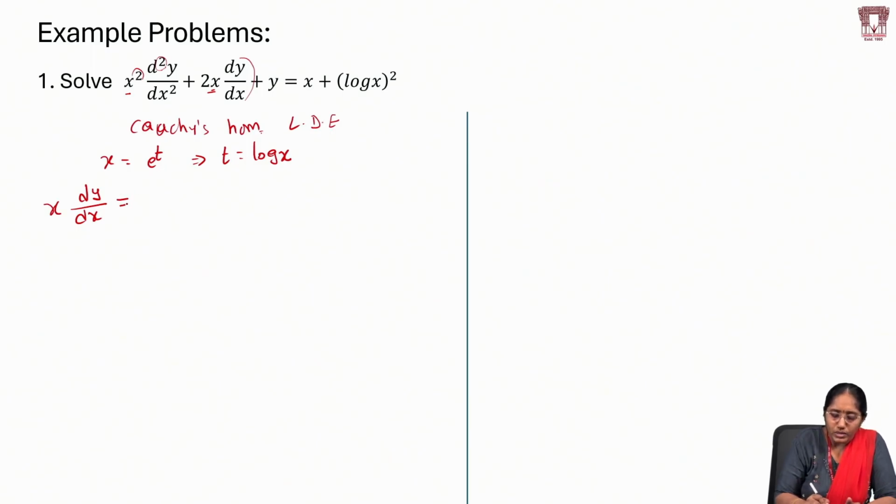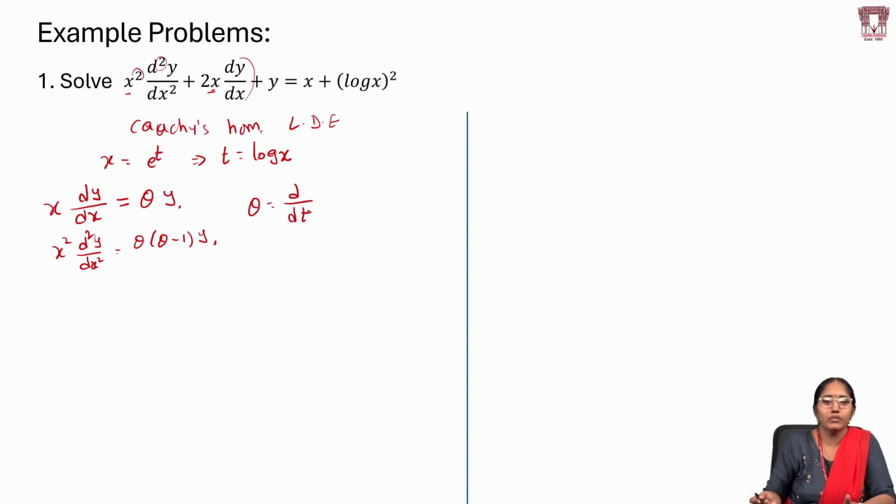Then we can replace x dy by dx as theta into y, and x square d square y by dx square is replaced with theta into theta minus 1 into y, where theta is d by dt.